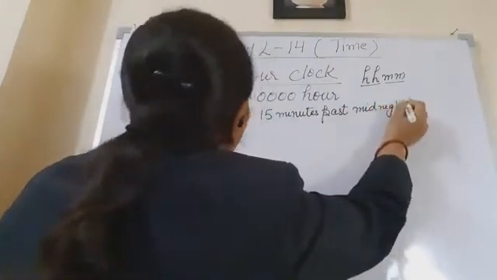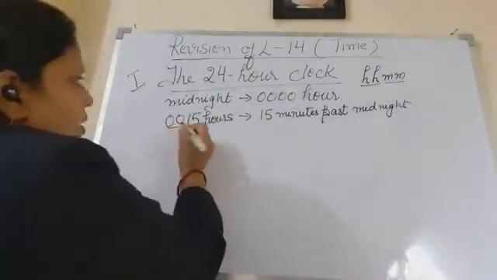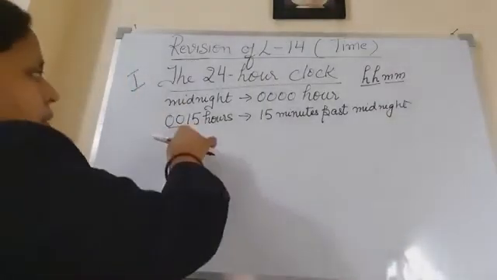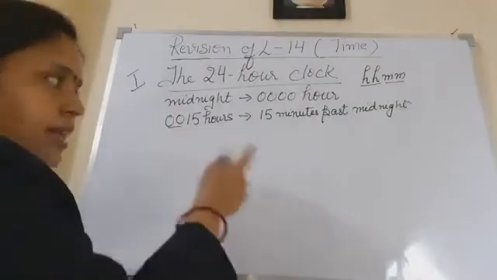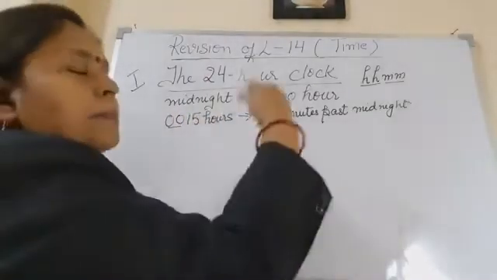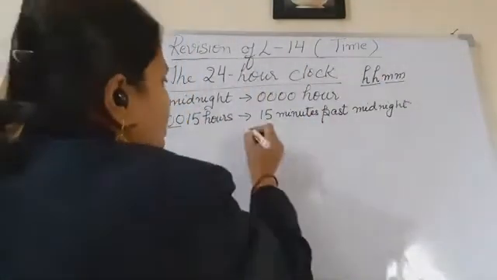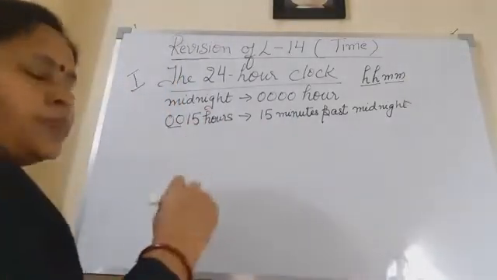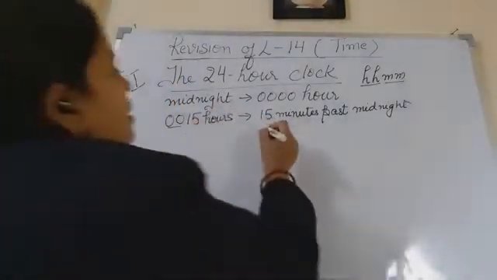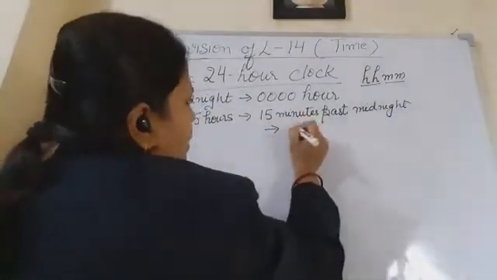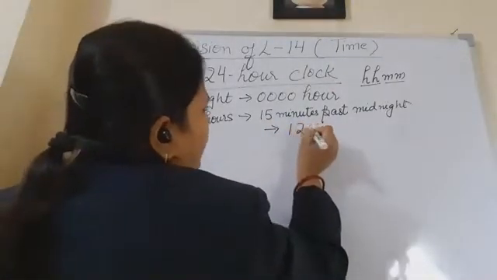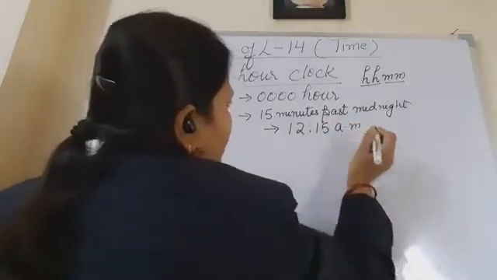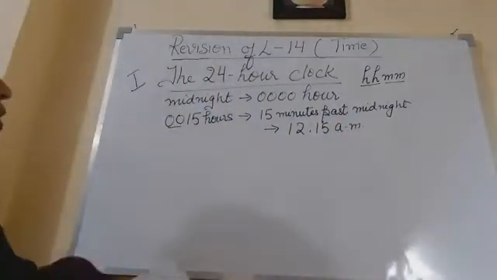Because 00 hour stands for midnight, and if I'm writing 15 for minutes, it means 15 minutes past midnight. So this 00:15 hours in 24-hour clock time, if it is written in 12-hour clock time, it will be written as 12:15 a.m.